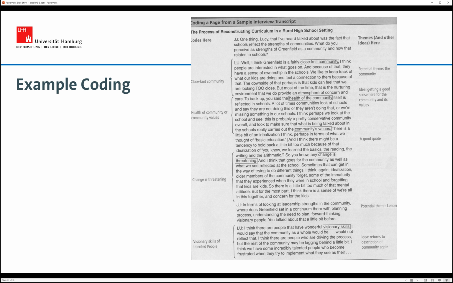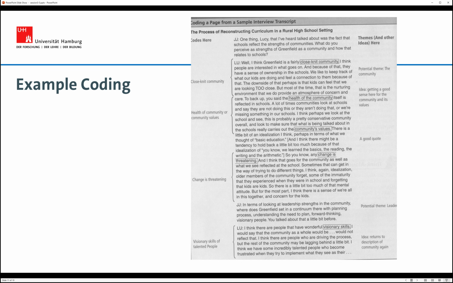Here are two examples of this. This is what's called coding, where you take the verbatim statement of what people said, say in an interview setting, and you, for example, highlight so-called in vivo codes, which are words and terms that the respondents use themselves, like values, health, close-knit, change.